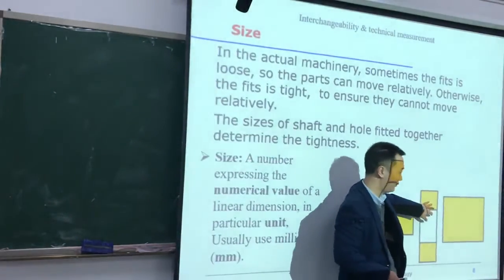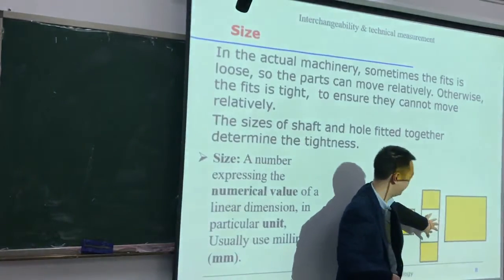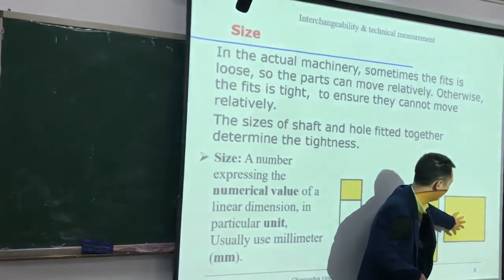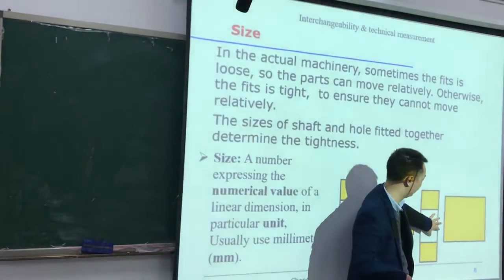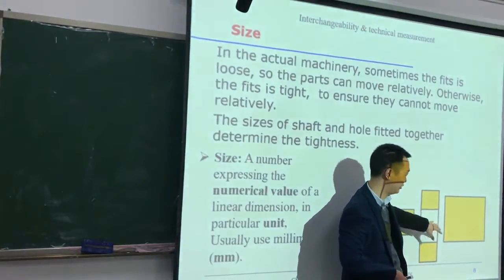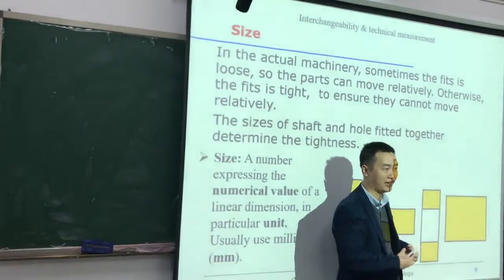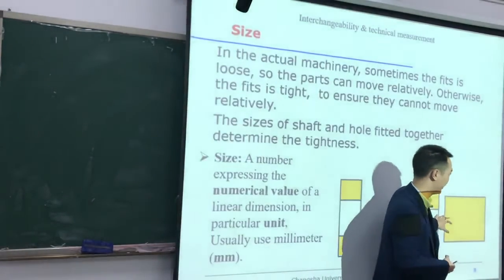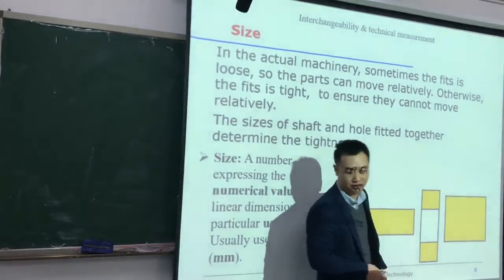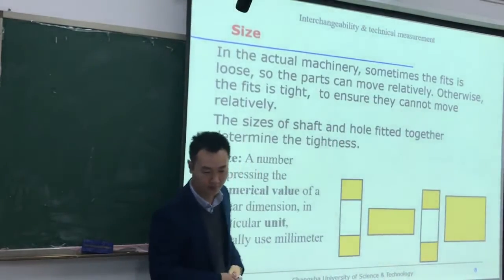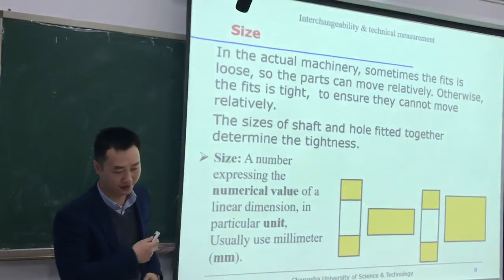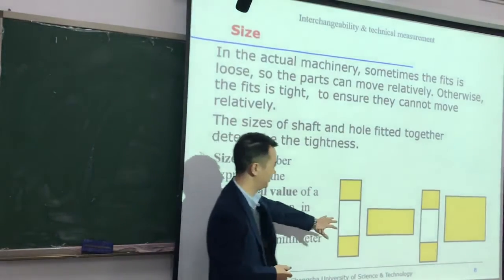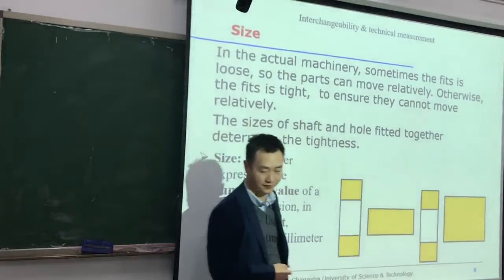But for this one, the dimension of the shaft is bigger than the dimension of the hole, so their connection is tight. They cannot move relative to each other. The size determines the fit, right?